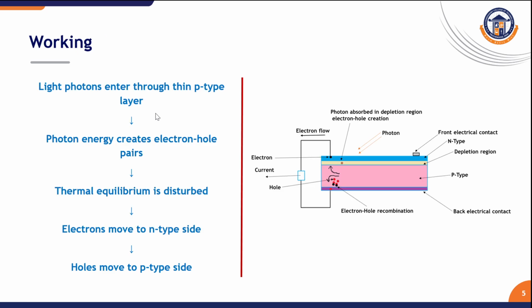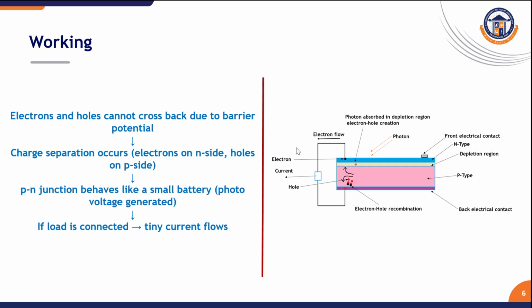Now let us see the working of a solar cell. Let's see how it works step by step. First, light photons enter the thin p-type layer and create electron hole pairs. This disturbs thermal equilibrium, pushing electrons towards the n-type side and holes towards the p-type side.